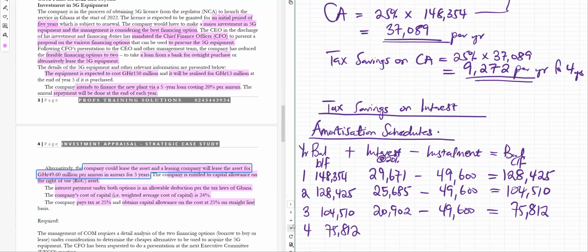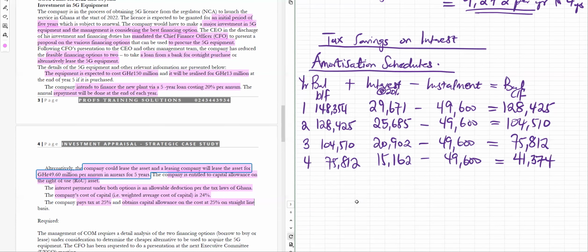We apply 20%. That's 15,162. We take out our 49,600, and we end up with 75,812 plus 15,162 minus 49,600, which gives us 41,374. Okay, so we go to the last year, which I know everything will be worth 0.